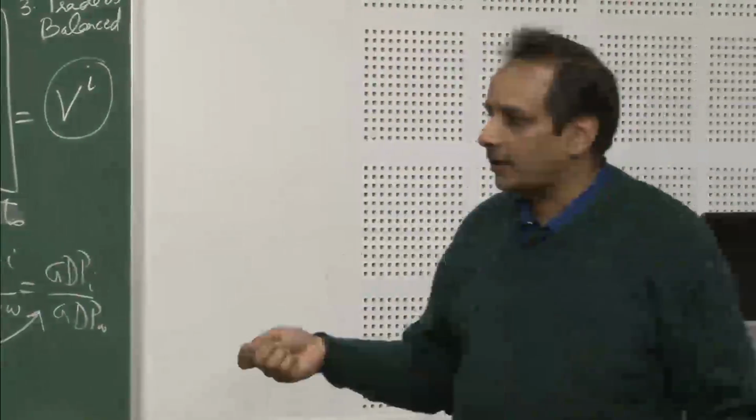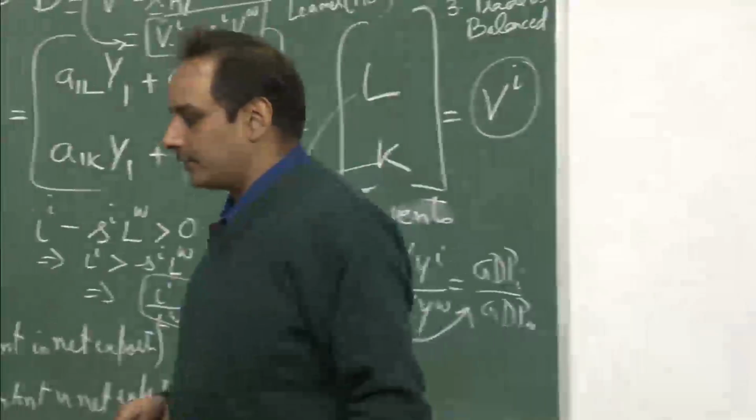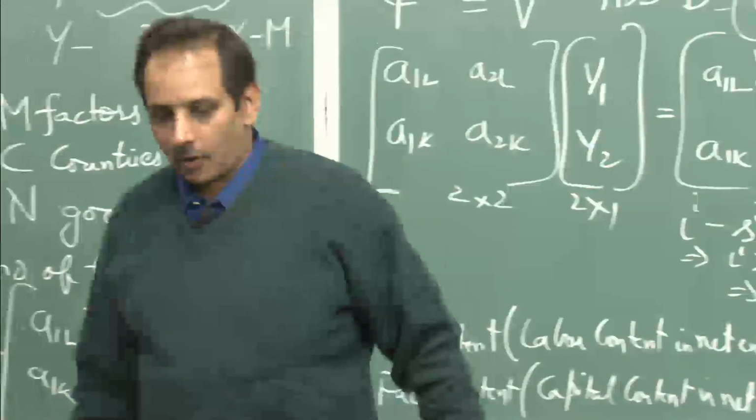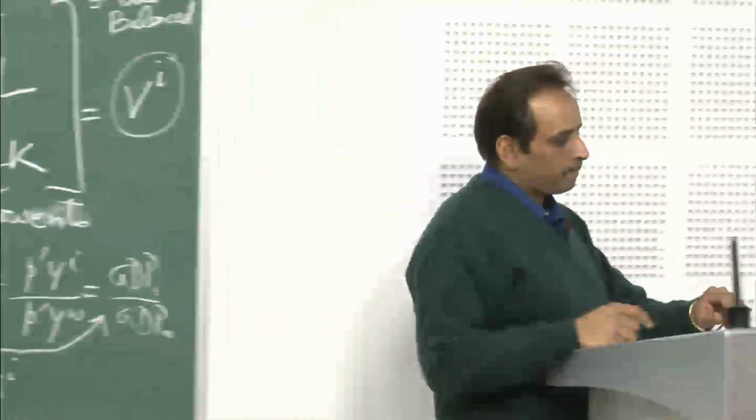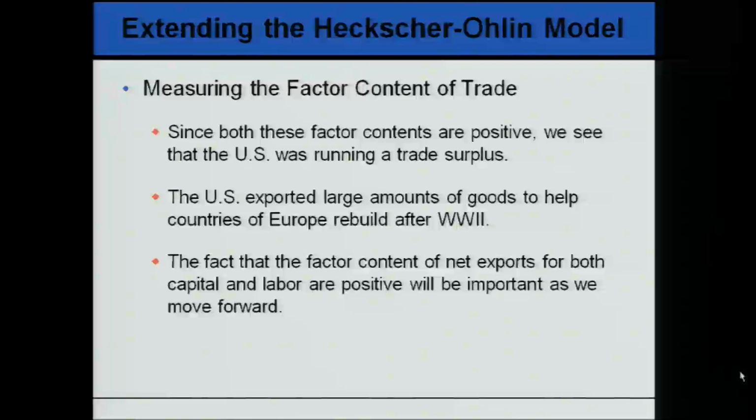So, it was exporting both capital intensive and labor intensive products. So, it was running a trade surplus. The fact that the factor content of net exports for both capital and labor are positive will be very important, because then we will try to relate it with whether the US has an abundance in capital and in labor.